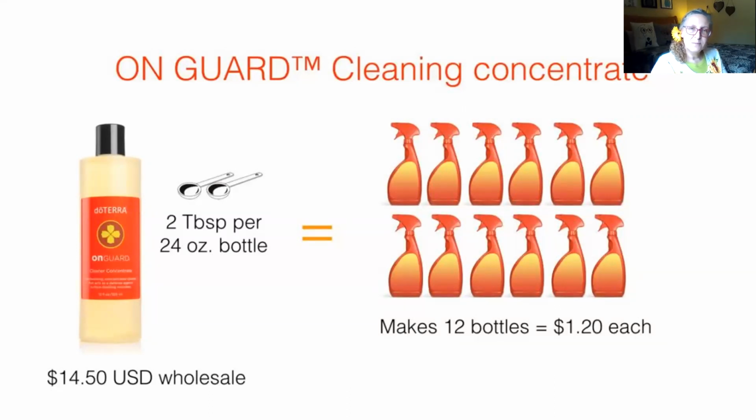And what's even better or equally important is the fact of what you are cleaning with. You don't have to worry about smelling it. You don't have to worry about holding your breath, as sometimes I used to when I would spray my shower down with bleach to get rid of the mold and the mildew.